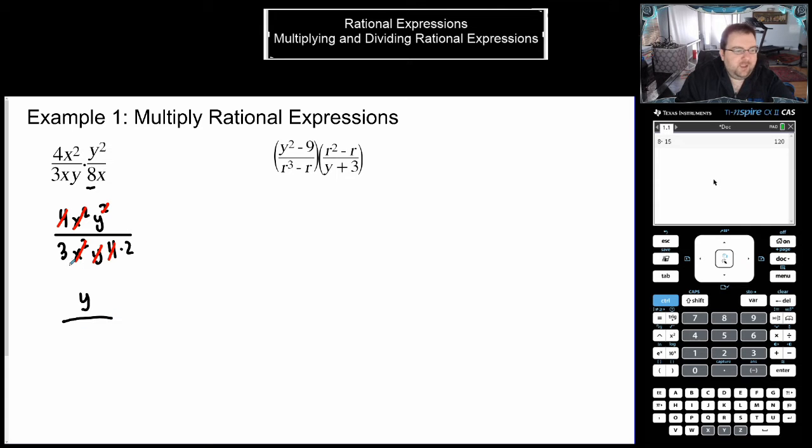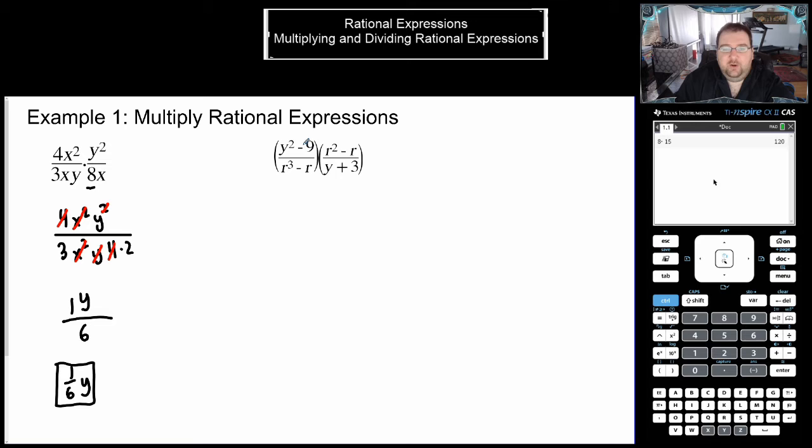And on the bottom, I have 3 times 2, which is 6. So this is 1y over 6, or 1/6 y. And you see this simplified quite a bit, right? So it's really useful to know how to work with rational expressions exactly for this reason. You can see how useful this is going to be next year in your calculus classes.